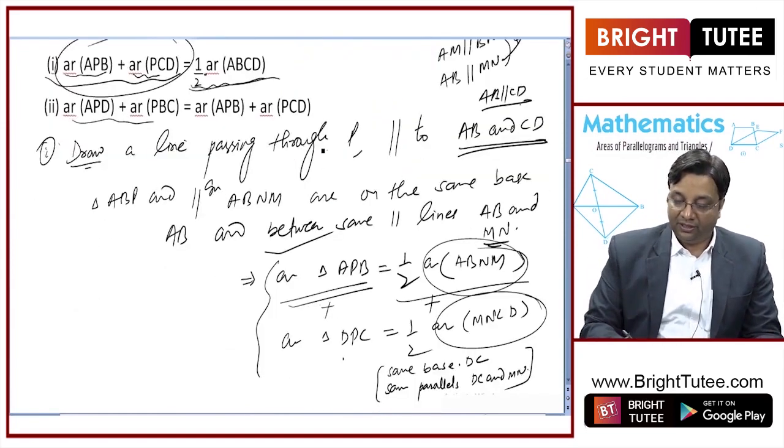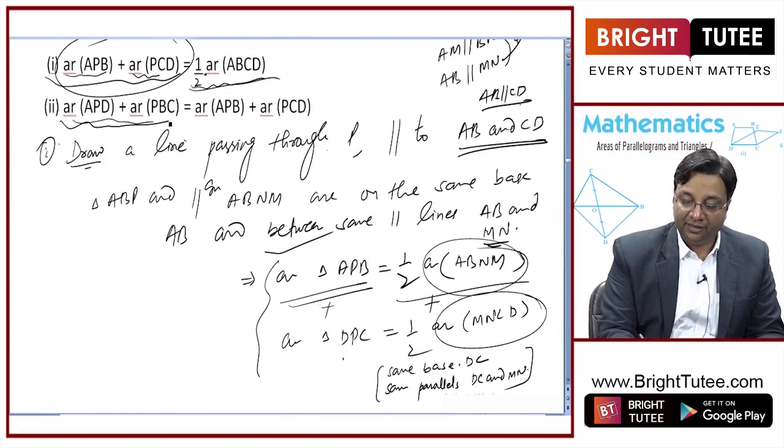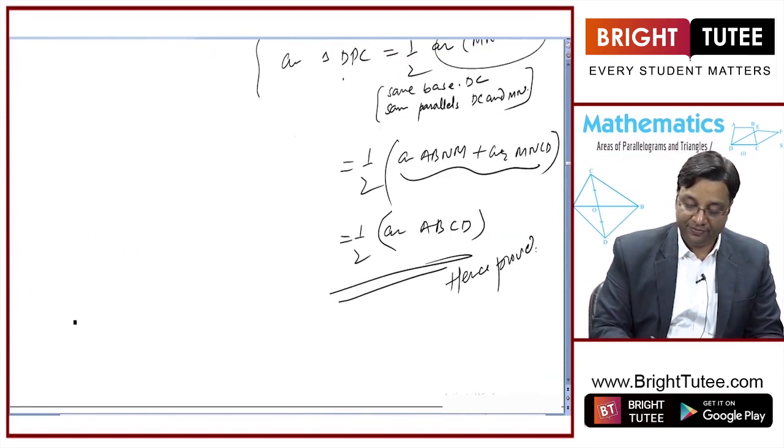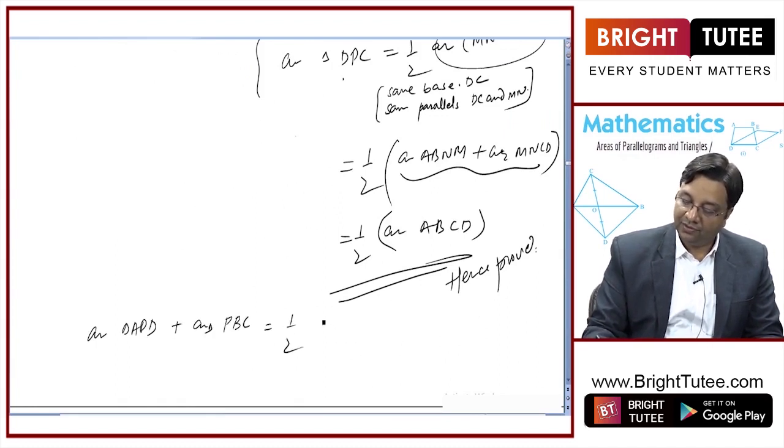Now, what have you proved here? That area APD plus area PBC is half of area of ABCD.